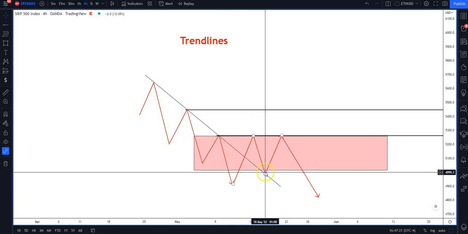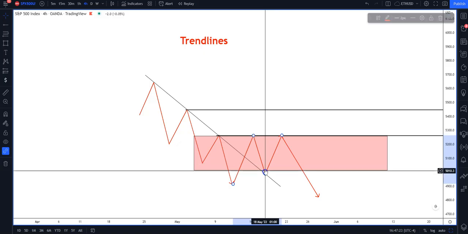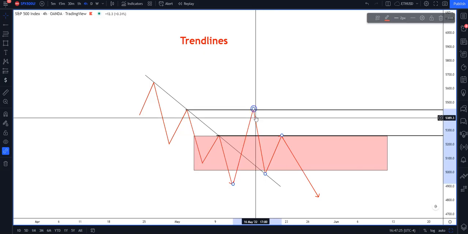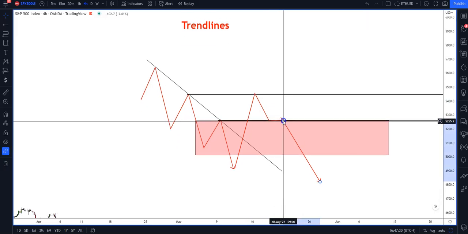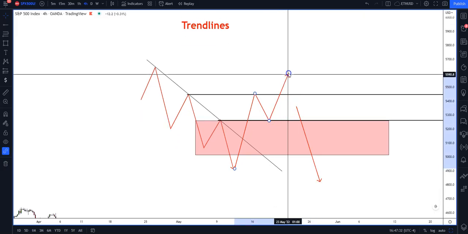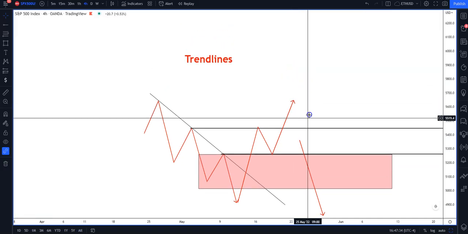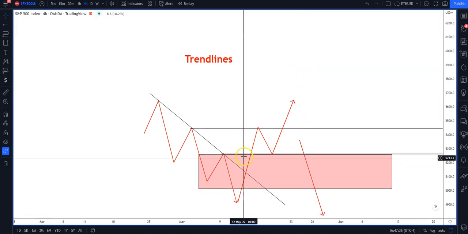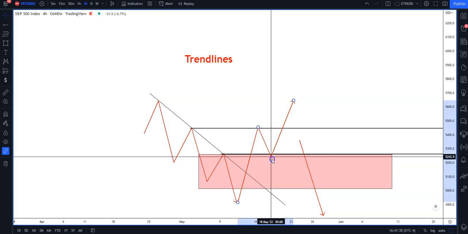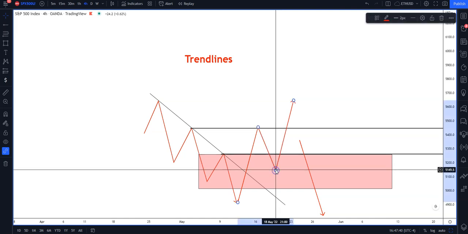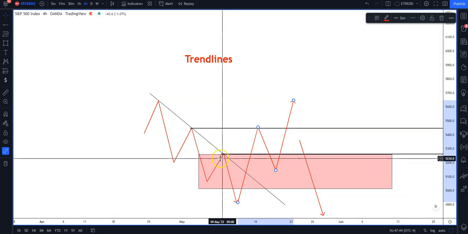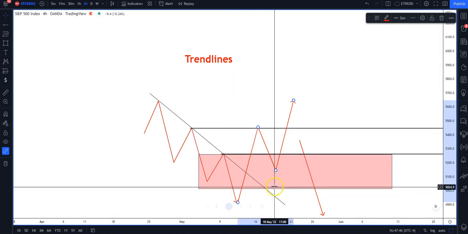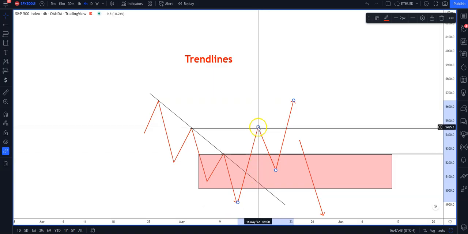So price needs to break this high up here and reject off of it for this trend line to be valid. It needs to break the previous high and reject, even if it rejects something like this, but that high needs to be broken. This high needs to be broken for a confirmed shift change.